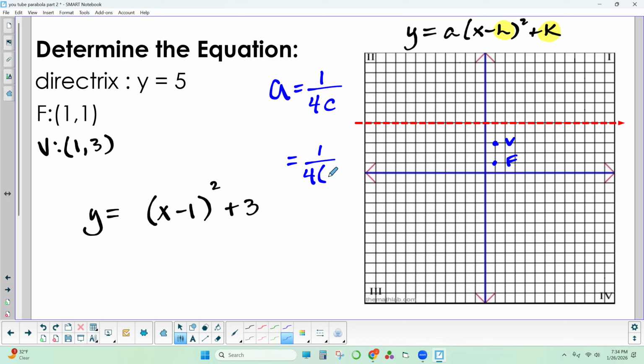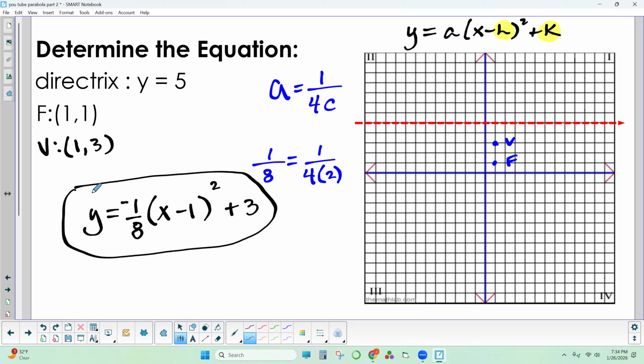Well, c is 2, as we can see on the graph, and that's going to give us 1/8. So now we know that our a value, our leading coefficient, is 1/8. And because the graph opens downward, we know that is a negative 1/8. And there is our equation. Okay? So let's look at another one.